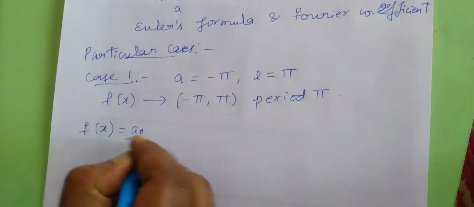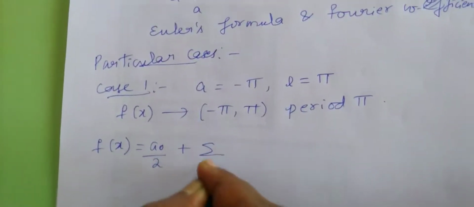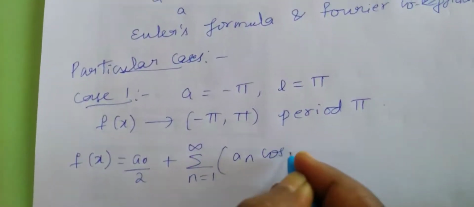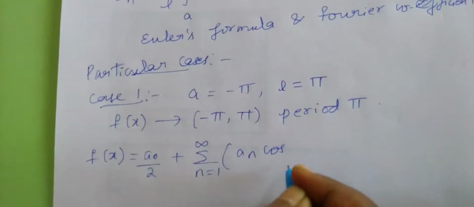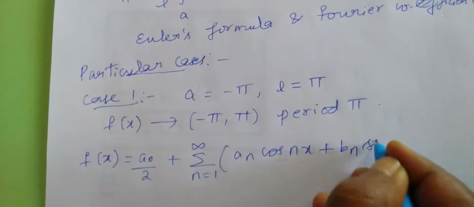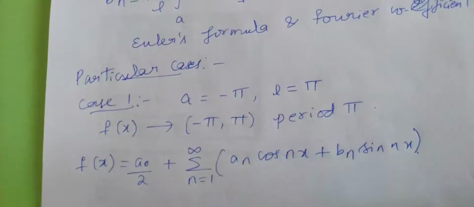Now let us write the formula. f(x) is a0 by 2 plus summation n is equal to 1 to infinity an cos n pi x by pi. Pi gets cancelled, so it is just cos nx plus bn sin nx.